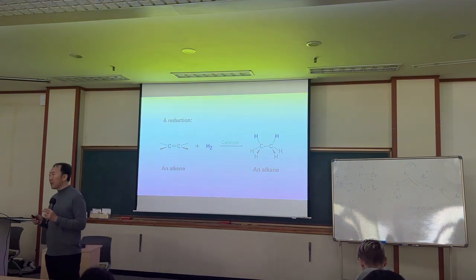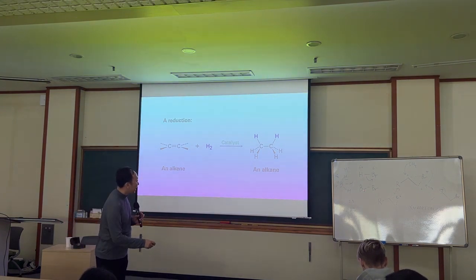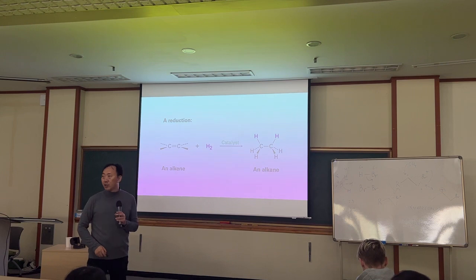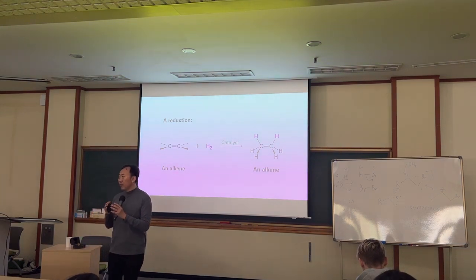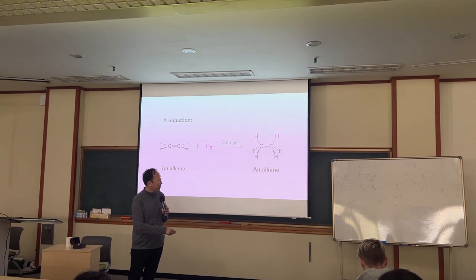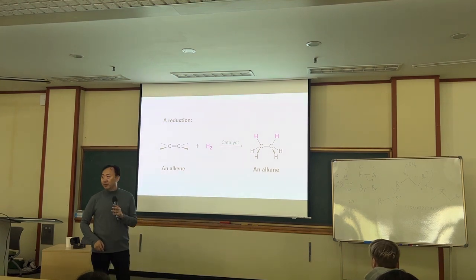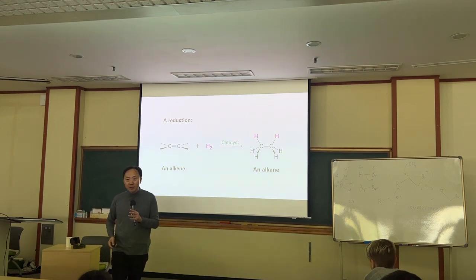The mechanism is not the same. In the X2 case, when bromine is clipped here, it forms a bromonium intermediate because this can form this kind of stabilized intermediate, and then Br minus is formed. If this went through that mechanism, the first step is that a proton can be captured, and then the other one should be H minus, right?